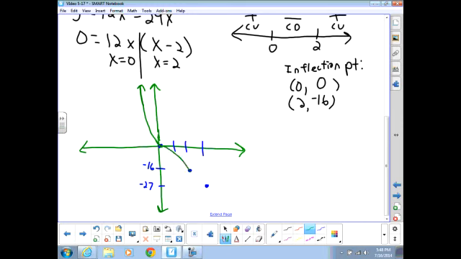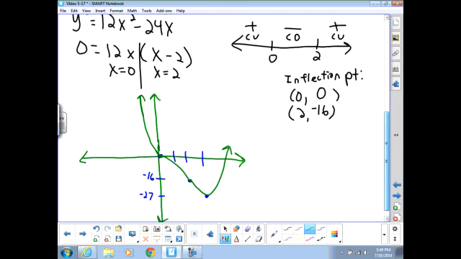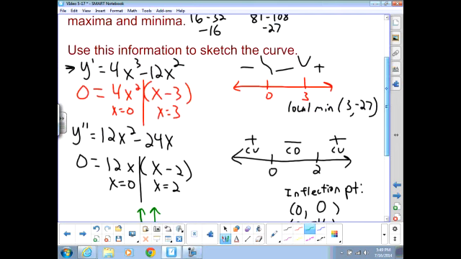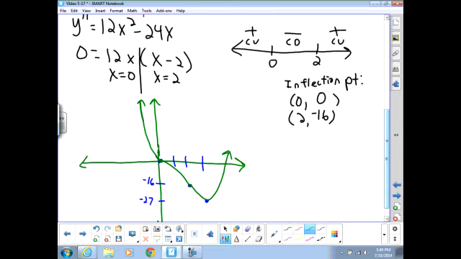And we need to be concave up for the rest of the graph, making sure we have a minimum at that 3, negative 27. So we'll look something like that. Notice we are decreasing all the way from the left till we get to the 3, and then we're increasing after that, which confirms. So usually the increase, decrease is kind of like a check, and you use the concave up, concave down to actually draw the graph.